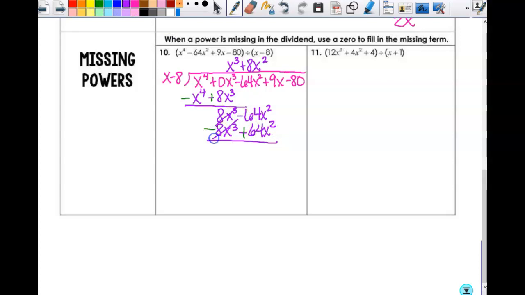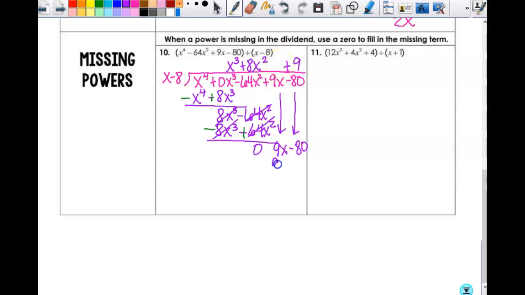And these both zero out, right? And so then I bring down that 9x. Well, x goes into 0 times, right? So you pretty much have a 0 there, which you don't necessarily have to put, but you're going to have to bring down this minus 80 also. So x goes into 9x, a positive 9 times. And again, there's a 0 term here. You could put it there, but you don't have to.